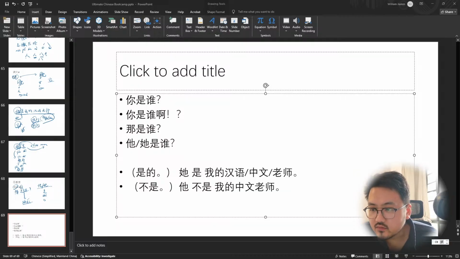I think we briefly mentioned the single component interrogative 什么. Oh yeah, interrogative pronoun 什么, 这是什么, right? And interrogative pronoun 谁.